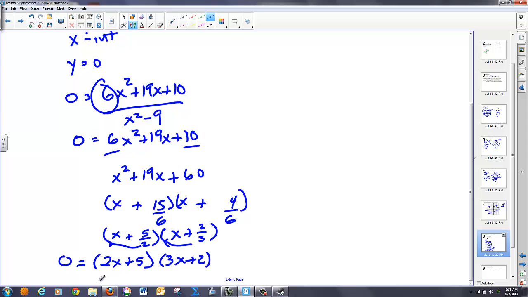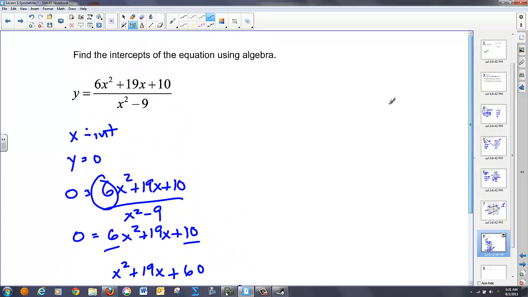When solving this, I basically have negative 5 halves is equal to x and negative 2/3 is equal to x. So those are my x-intercepts. Now if I want to go back and find my y-intercept, this is actually a lot easier in this case. To find my y-intercept, I'll just set my x equal to 0. So you'll see a whole bunch of stuff goes away.